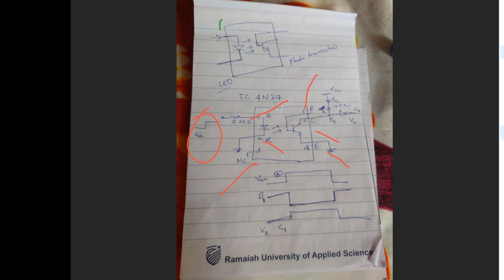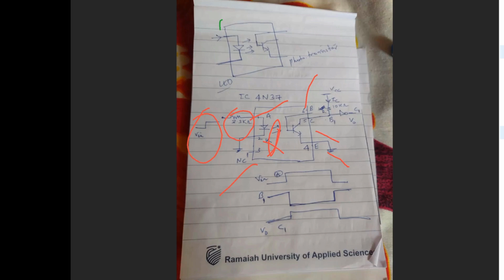Otherwise your LED will get burned. That's why the 3.3 kilo ohm resistor is used, and then the voltage can be given at the anode so that it starts working and emits light. When the light comes, it falls on the base of the phototransistor, which is pin number 6 here.